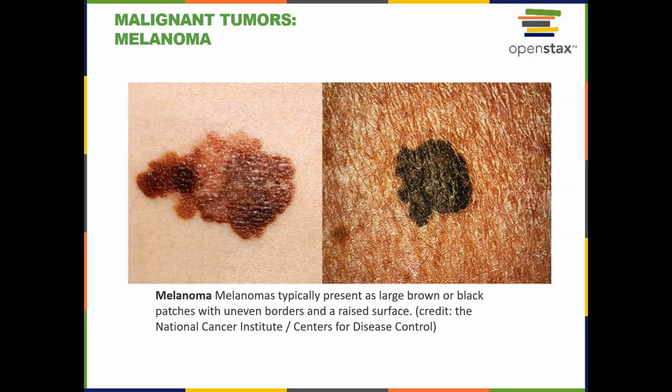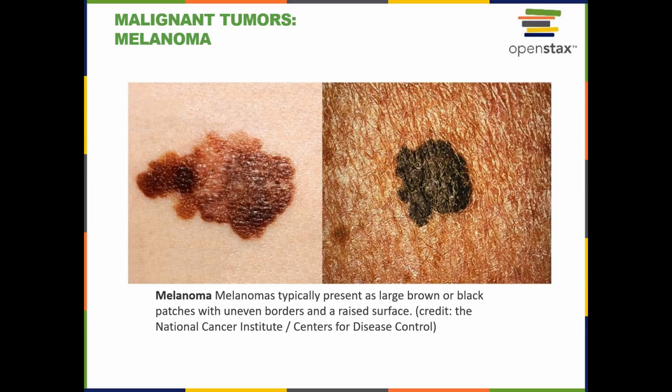Melanoma is a form of skin cancer that forms from uncontrolled growth of melanocytes. Typically, melanoma develops from a melanocytic nevus, although most nevuses are benign tumors.